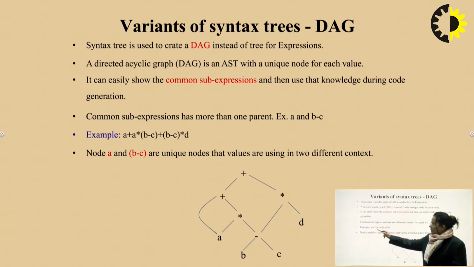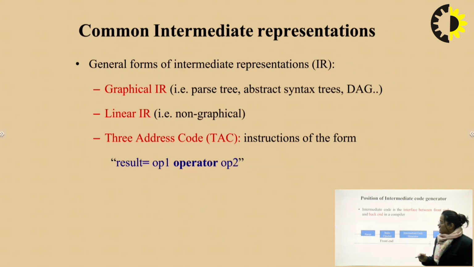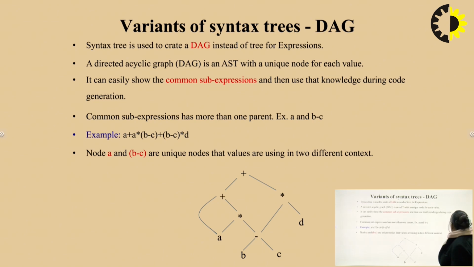Suppose in this example, a + a * (b - c) + (b - c) * d. Here b - c is a common subexpression, and it has more than one parent.